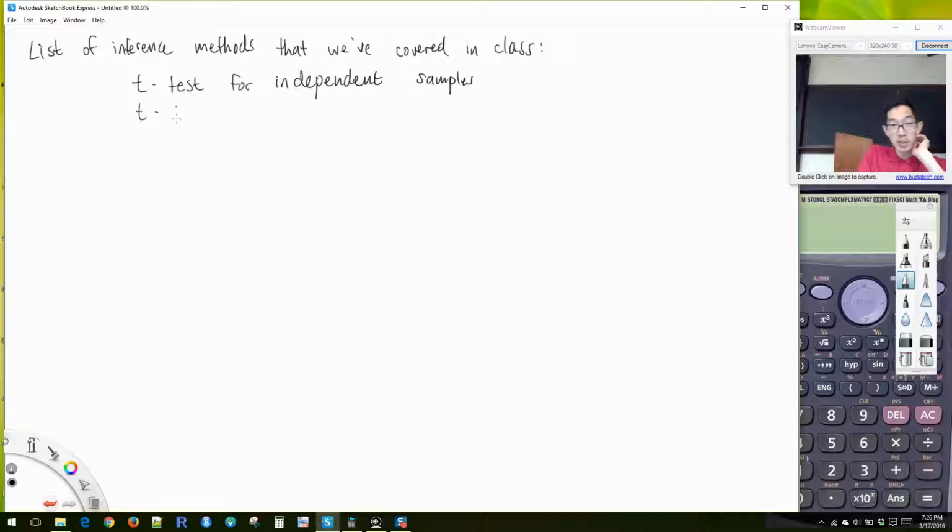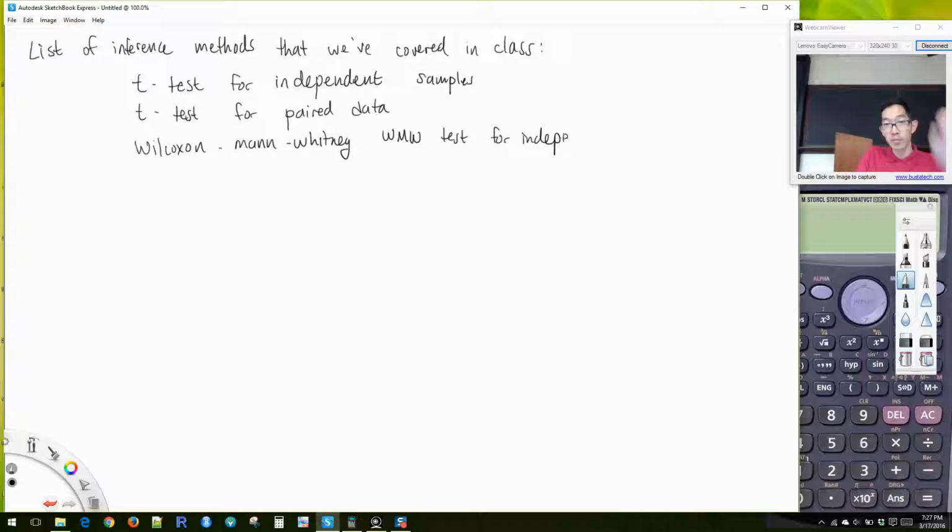We have the t-test for paired data. We have the Wilcoxon Mann-Whitney test for independent samples.